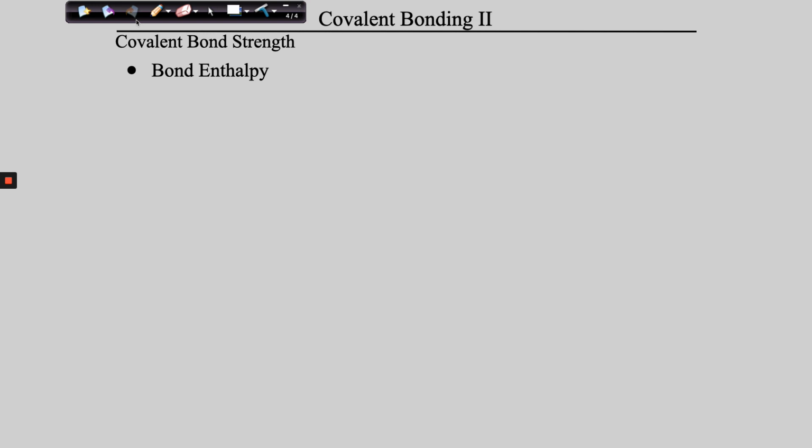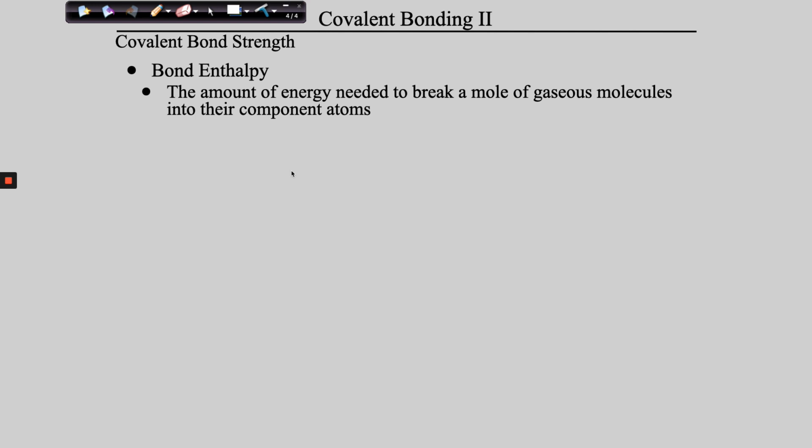We went over most of this when we did Hess's law. Remember the idea that you add up the bonds that have to break and then the bonds that have to form in order for reactions to happen? So technically the definition is simply this: bond enthalpy is the amount of energy that's needed to break a mole of gaseous molecules into their component atoms.